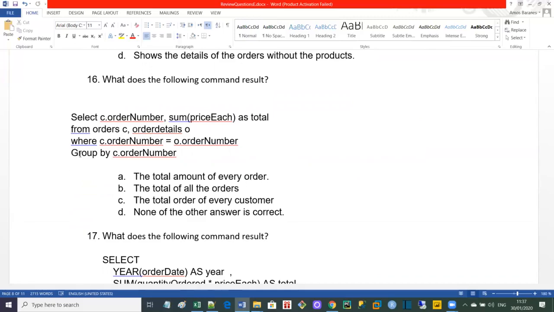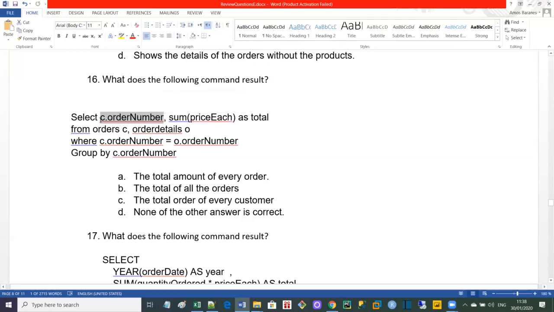The most important thing to notice is that in this select, I must have the column by which I would like to aggregate the results. In this example, I want to aggregate by the order number, or in other words, I want to aggregate the sum of the prices for each order.